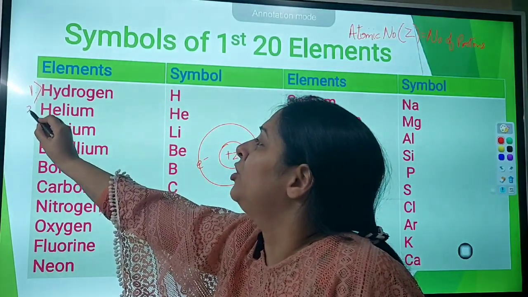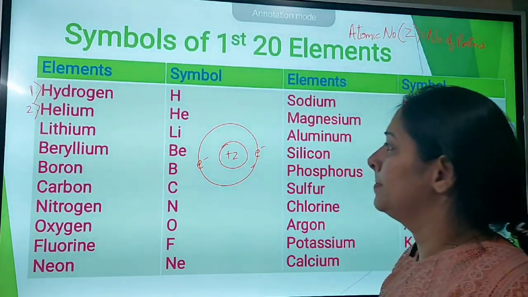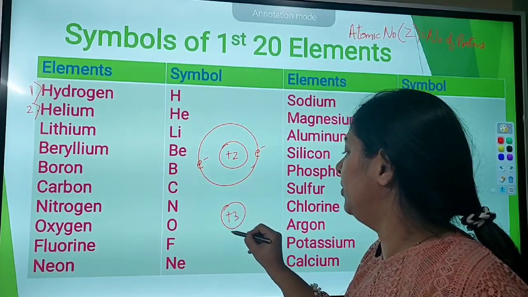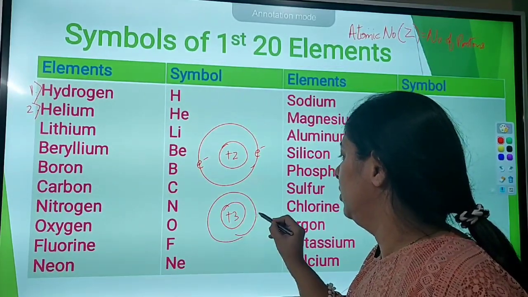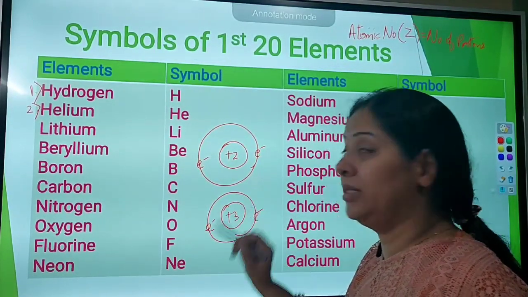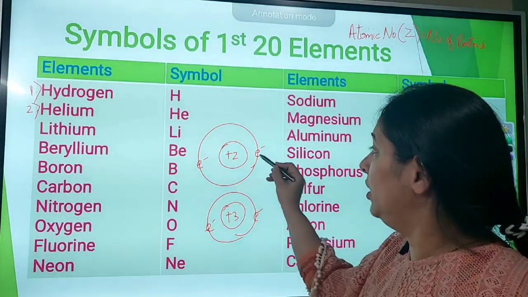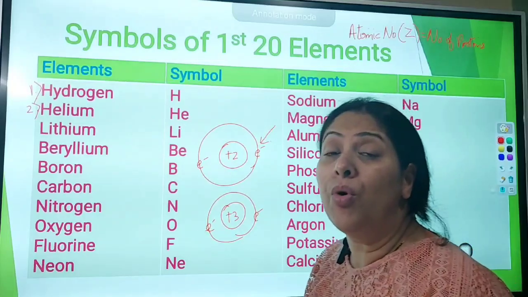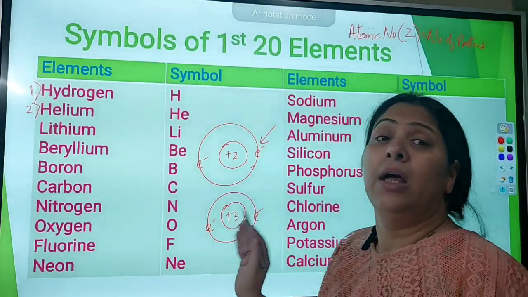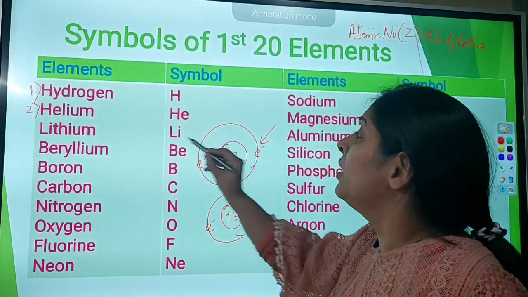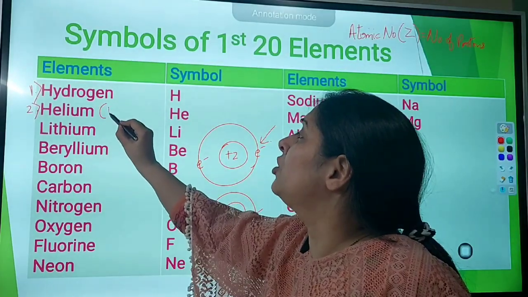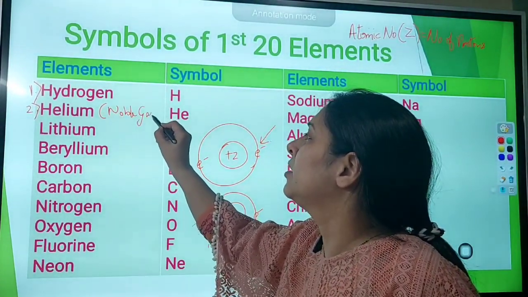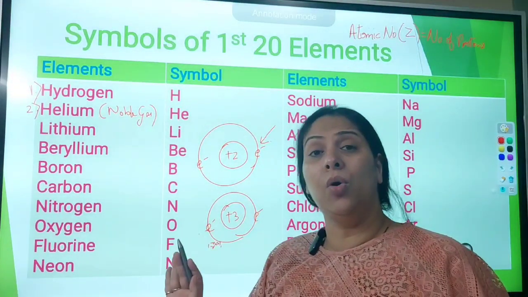That's why it's on number 2 in the list. 1, 2, capacity of only 2. Attained its duplet state. Children, it cannot have any more electrons in its state. It's happy. So that's why helium is a noble gas. 2 की capacity है, 2 आ गए हैं.